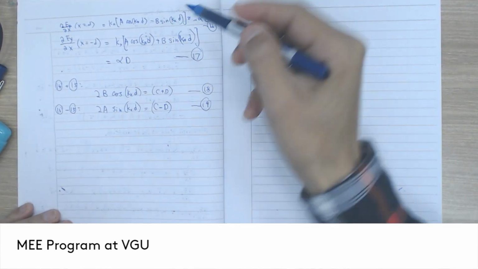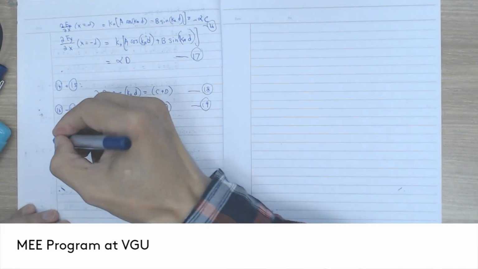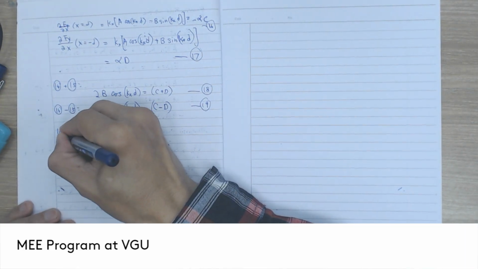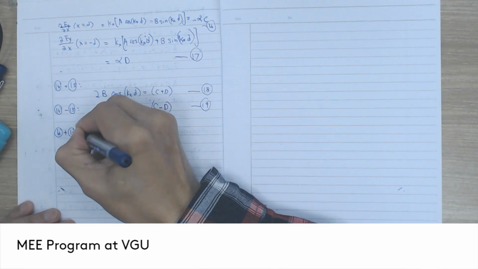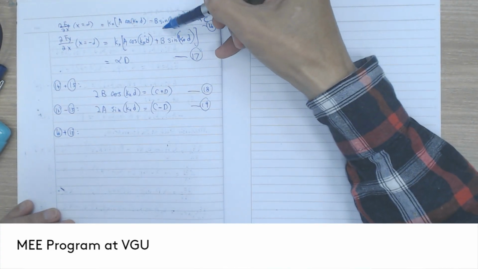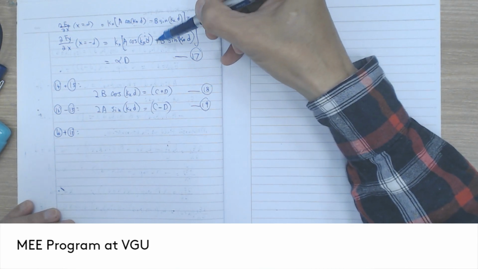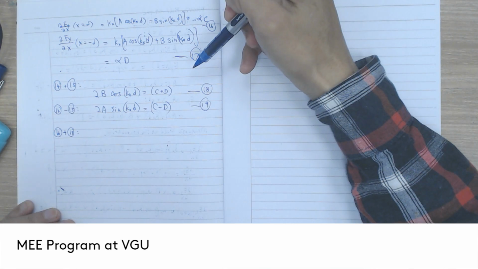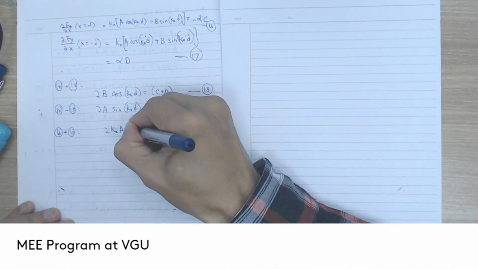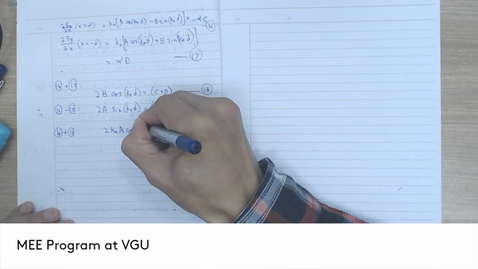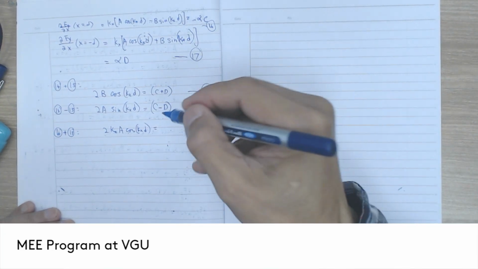So now we can also do sum and difference between these two equations. The sum of 16 and 17: when we sum them together, then this one will cancel out. So you end up with 2 kx a cosine kx d equals alpha times c plus d.